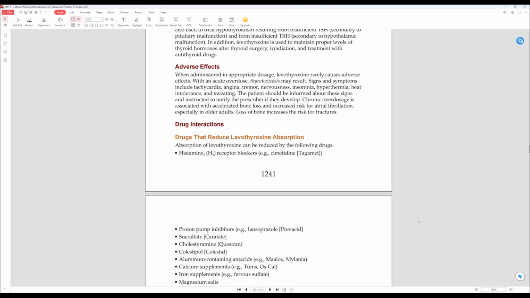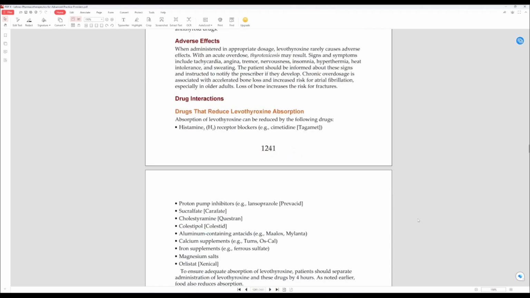The patient should be informed about these signs and instructed to notify the prescriber if they occur. Chronic overdosage is associated with accelerated bone loss and increased risk for atrial fibrillation, especially in the older adult. The loss of bone increases the risk for fractures.